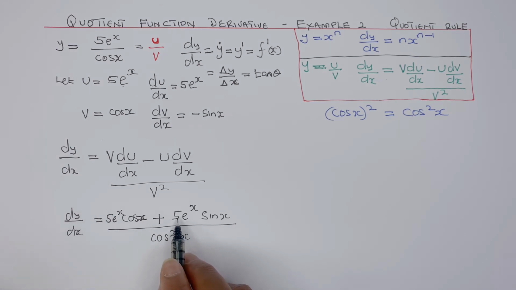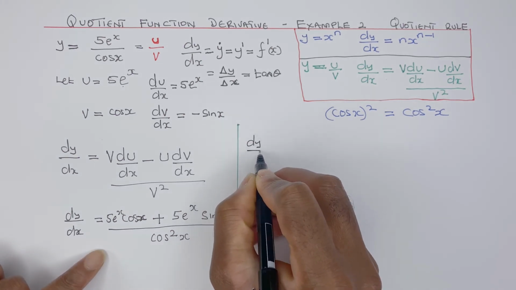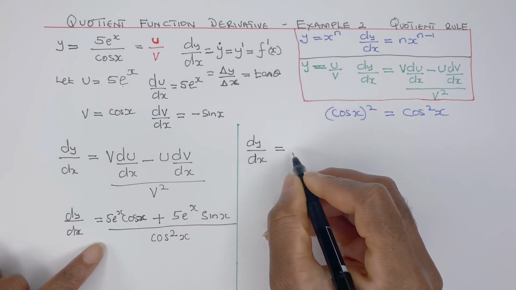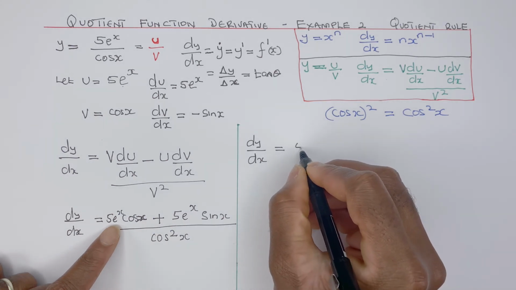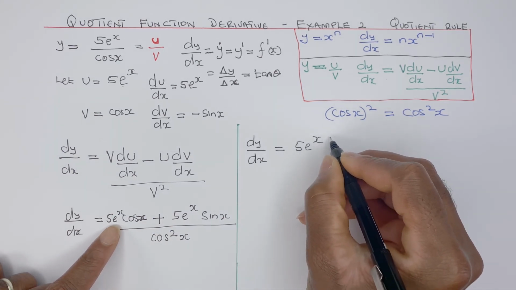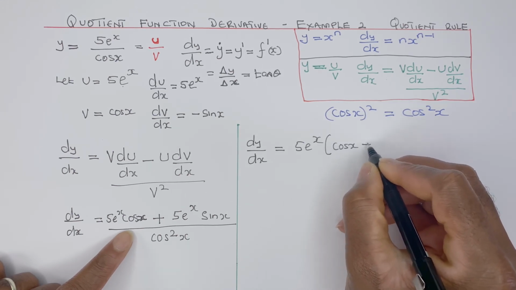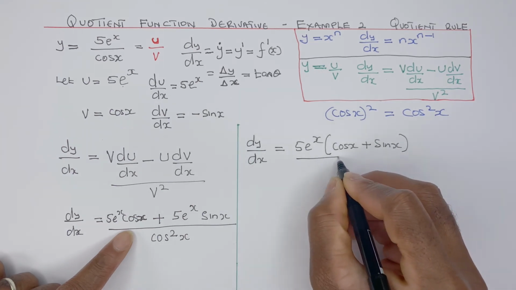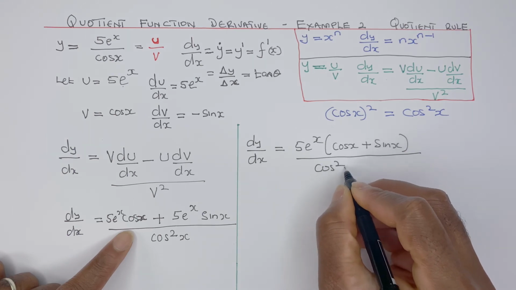You can see 5e to the power of x is a common factor here. So we now have dy/dx equals 5e to the power of x as a common factor. So 5e to the power of x, open bracket, cos of x plus sine of x, over cos squared of x.